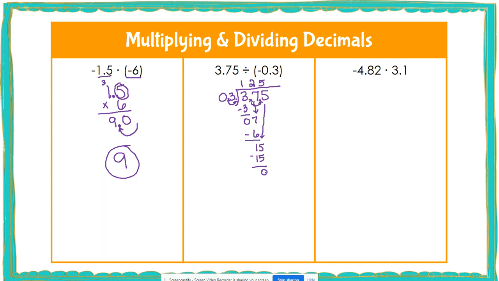So when I subtract, I'm left with 0, and I'm left with nothing to bring down. I need to remember to bring my decimal up from my dividend. So my answer is 12.5, but we remember that I was dividing a positive by a negative, so I was dividing with different signs, and that means that my answer is going to be negative 12.5.